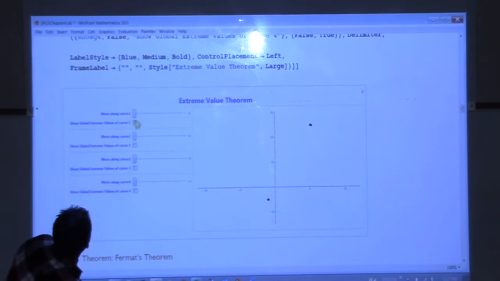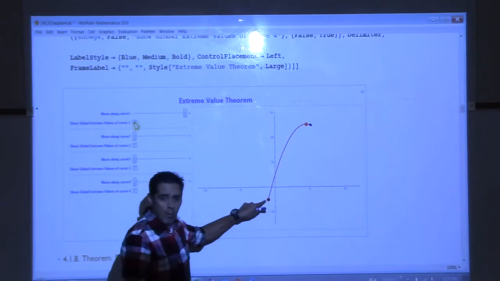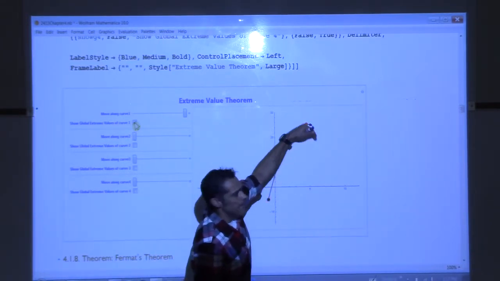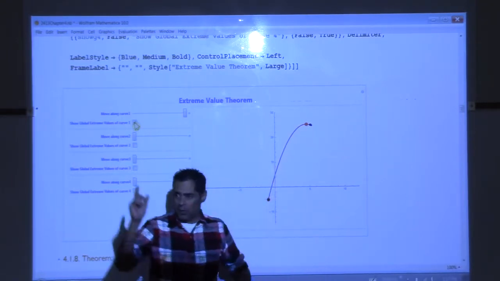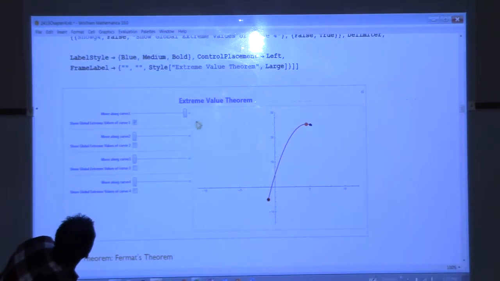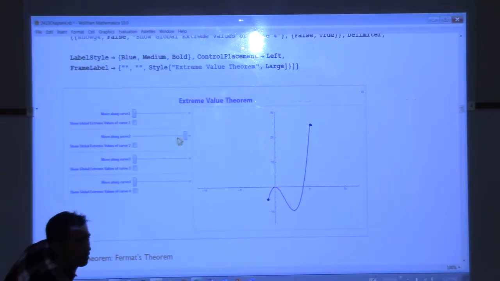So here's the first example. I could connect them kind of like that, right? I mean, that's just an example of a continuous function. And in this case, I will have a global min and a global max, right? See how it kind of came up and came back down? So I have both a global max and min, don't I? Okay, let's try another, just try it a different way, something different. That's a different curve, right?